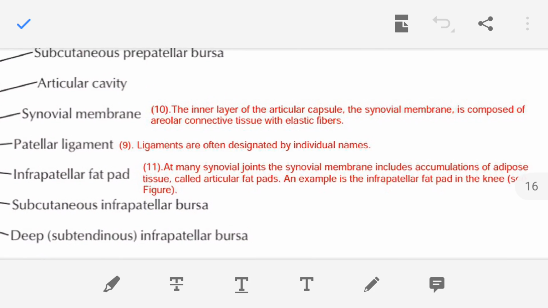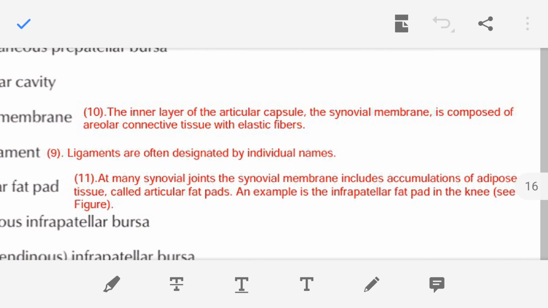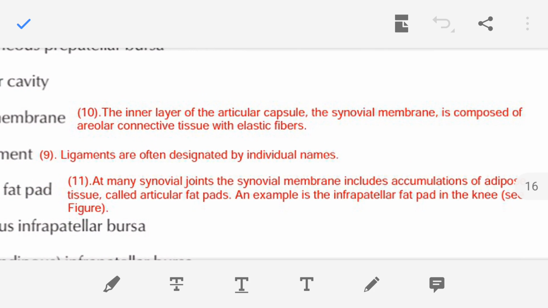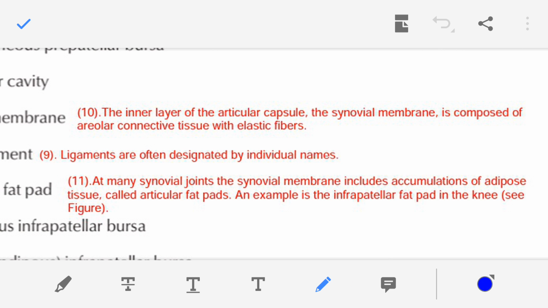Then the synovial membrane. See, we have discussed the fibrous membrane. Now the inner layer of the articular capsule is known as the synovial membrane, and the synovial membrane is made up of areolar connective tissue, and in the synovial membrane elastic fibers are present.